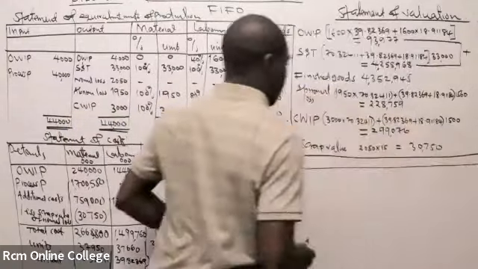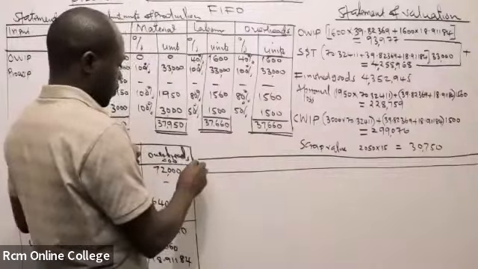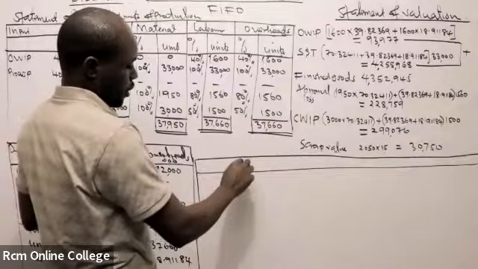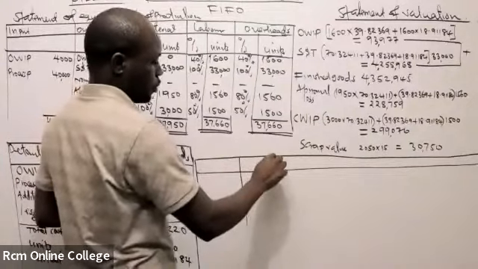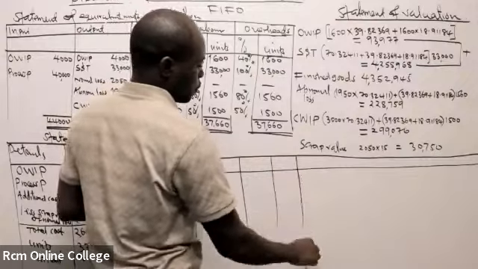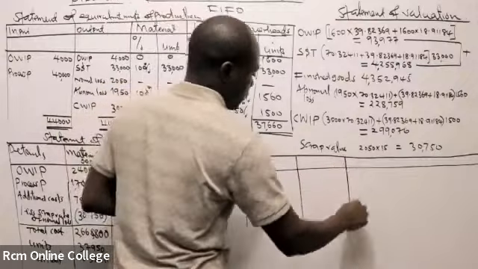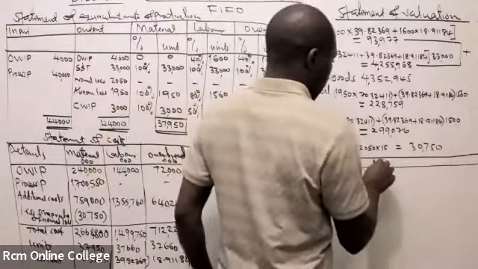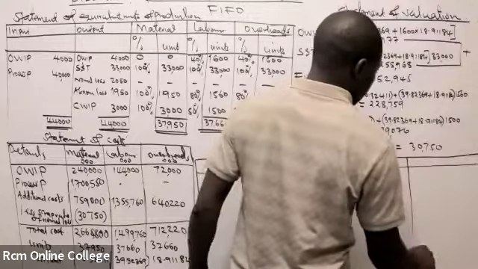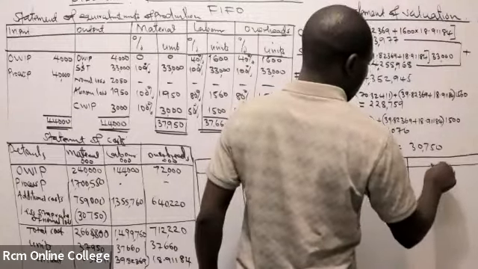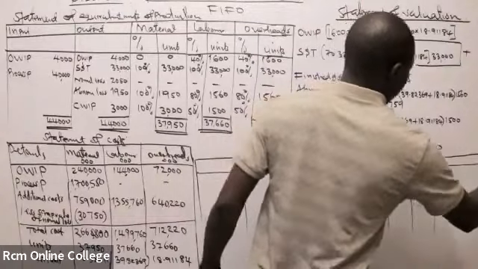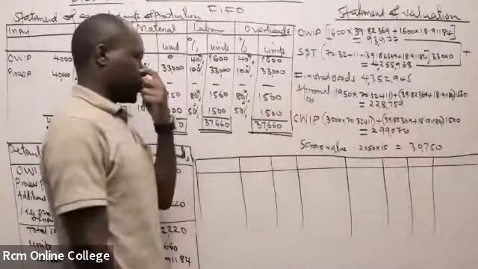Our figures are in thousands still. So we have details, units, cost per unit is not necessary, but of course you see what we do. Then amount. Then we have details, units, cost per unit. Then we have amount. I think we managed.